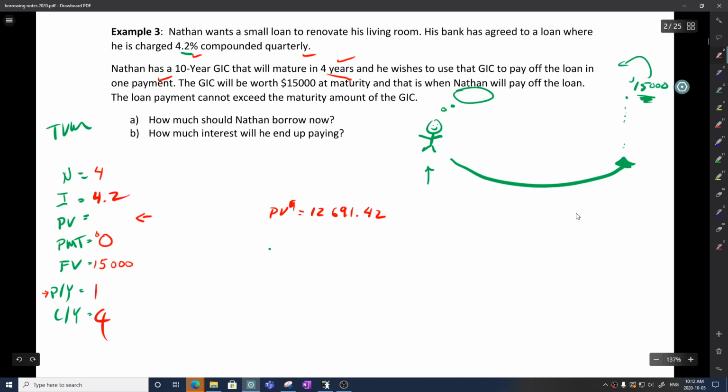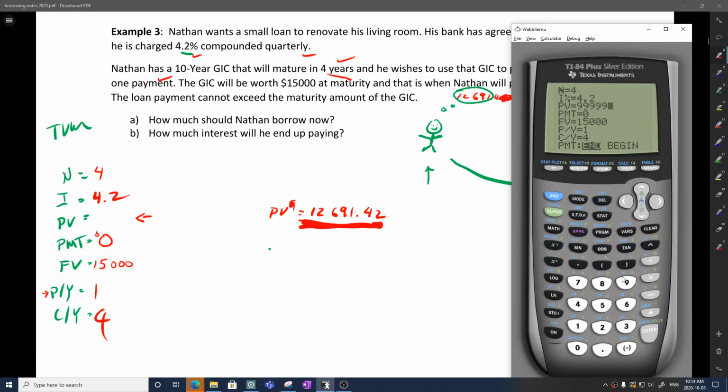So Nathan should borrow, in today's dollars, $12,691.42 today, and that will be worth $15,000 in 4 years. I've simply entered all this in my calculator.